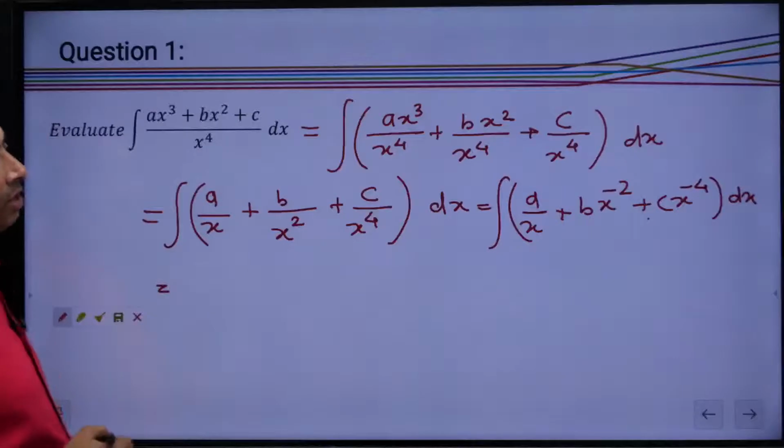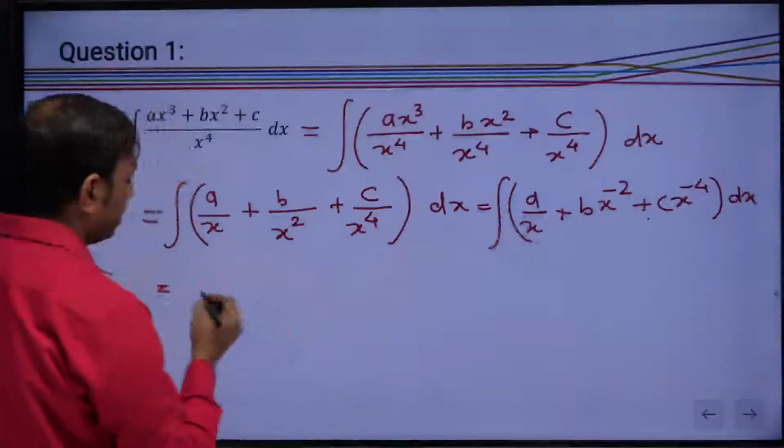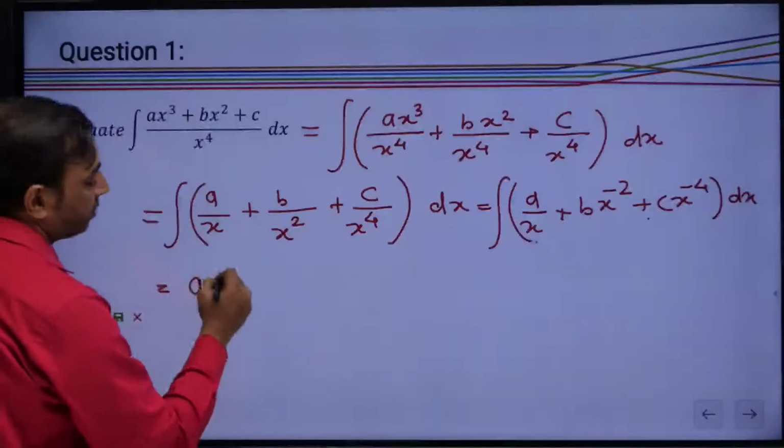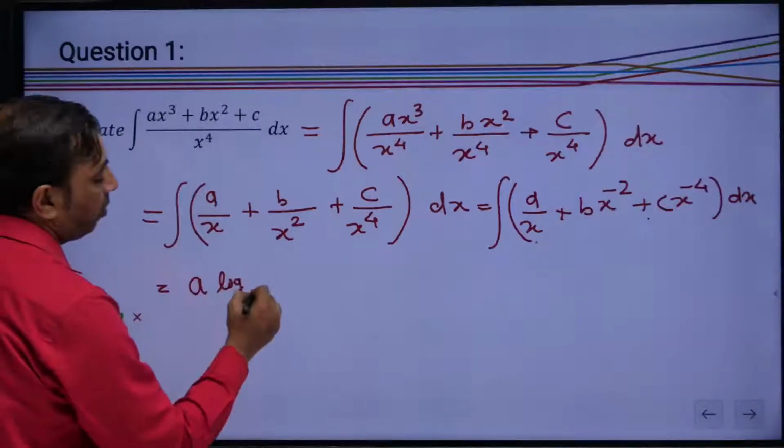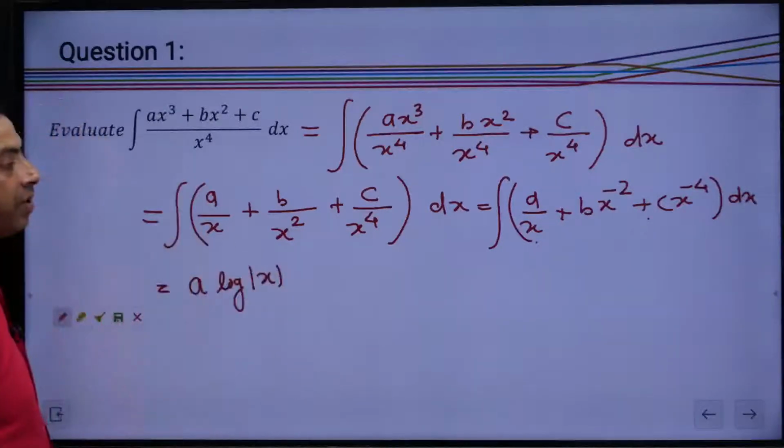As per the formula, the integration of 1 upon x is log x, so the integration of the first term is a log of x.